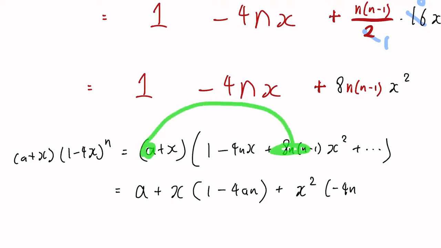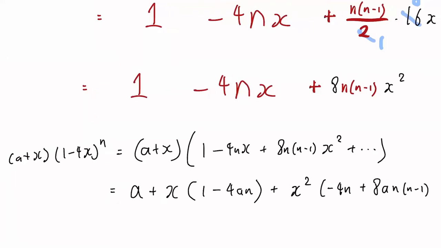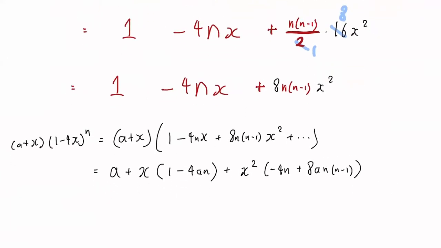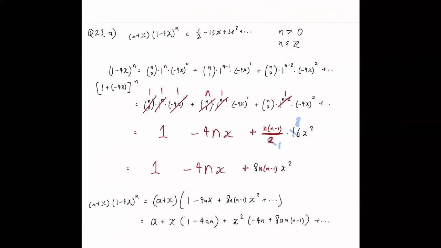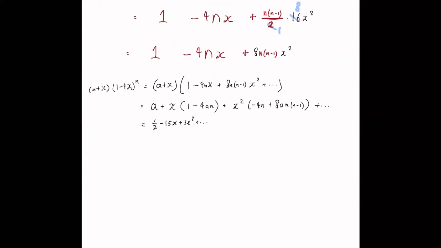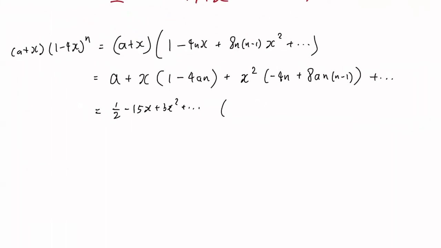Then a times 8n(n minus 1)x squared will give me my other quadratic term. So 8an(n minus 1), plus dot dot dot. Okay, but we also know that this is equal to half minus 15x plus bx squared. This was given. Then we can just compare coefficients.